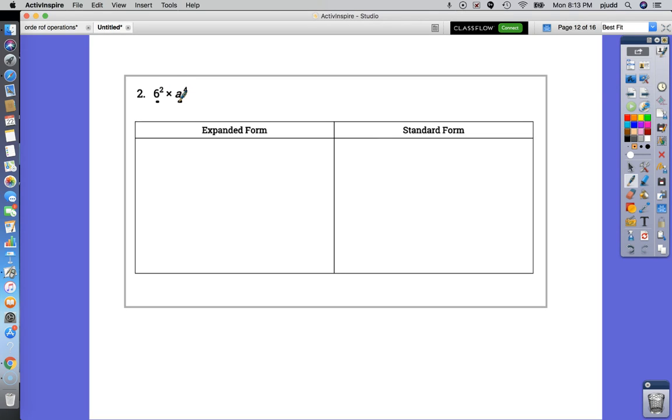And you have a variable base, a, and you're going to multiply a by itself 4 times. So first, expanded form, 6 times 6. And your variable base in expanded form, a times a times a times a.